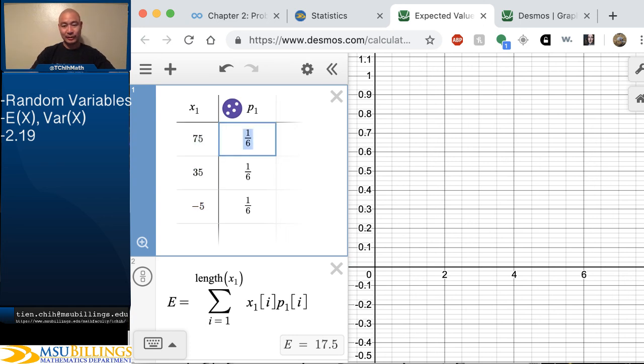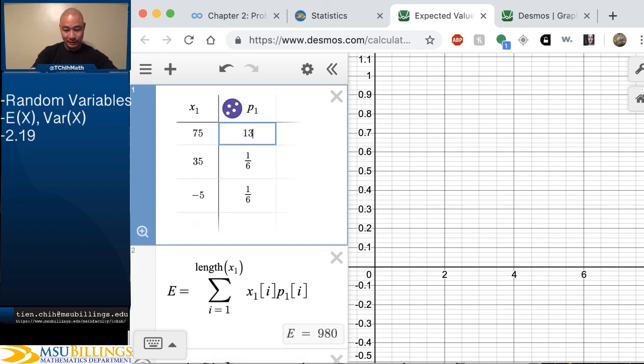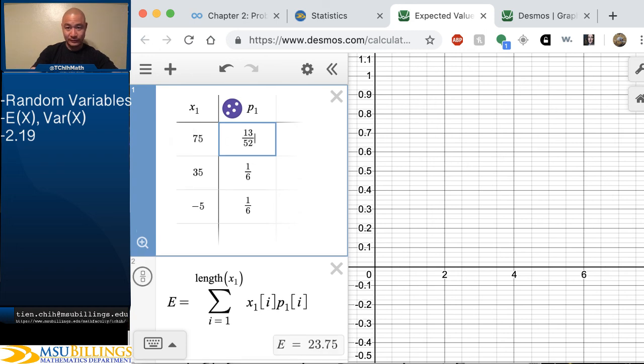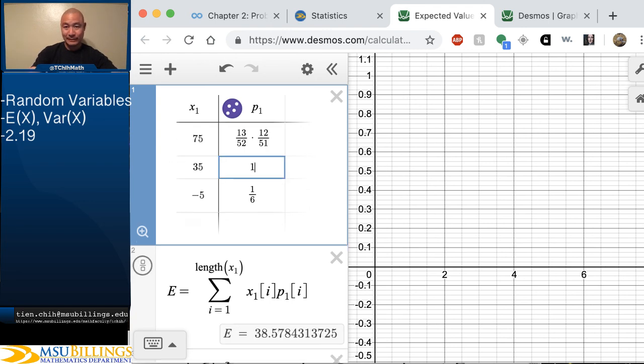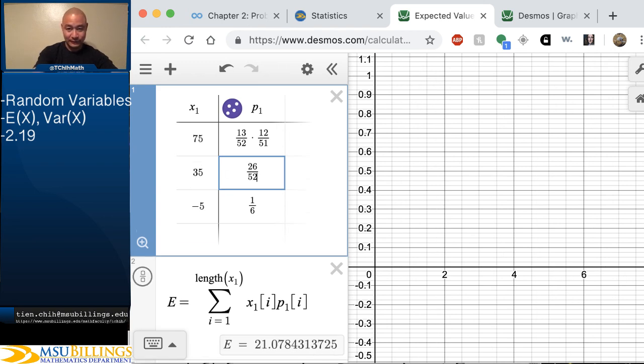The chance of you getting 2 hearts was 13 over 52 times 12 over 51. All right. The probability of getting 2 black cards was 26 over 52 times 25 over 51.